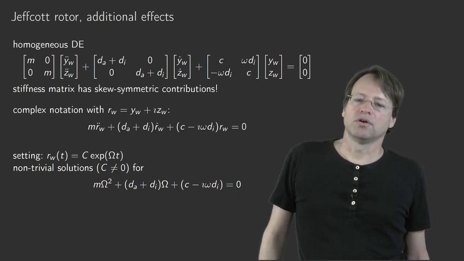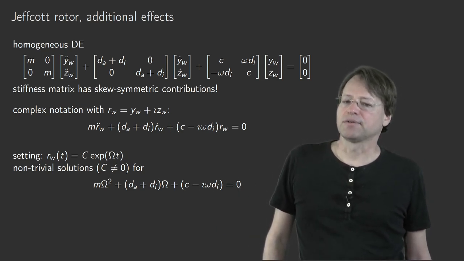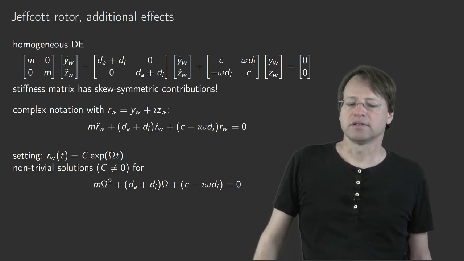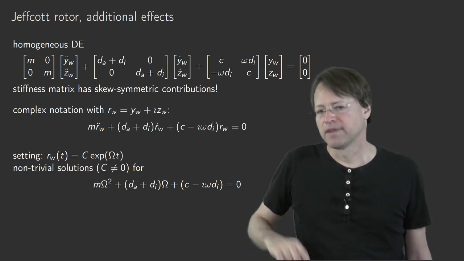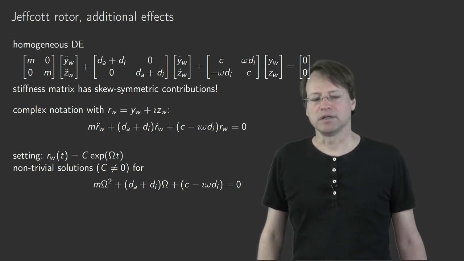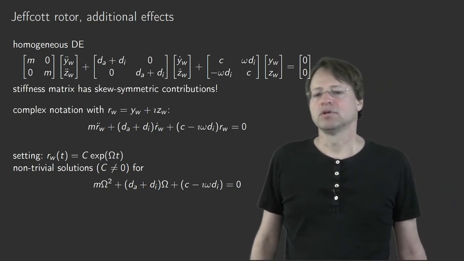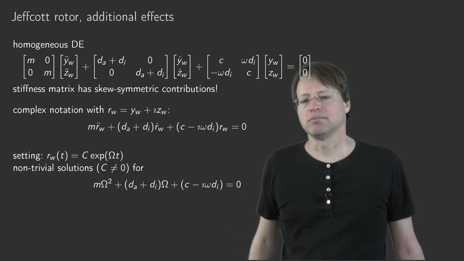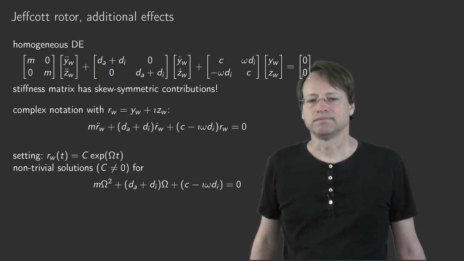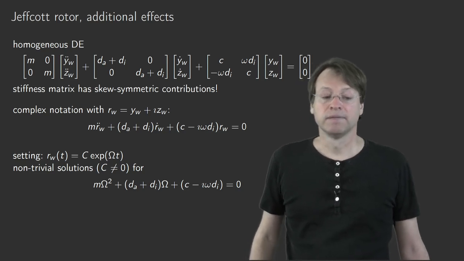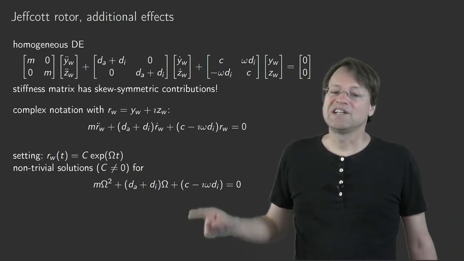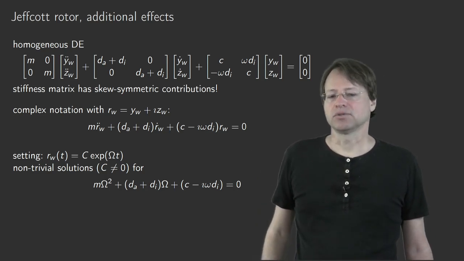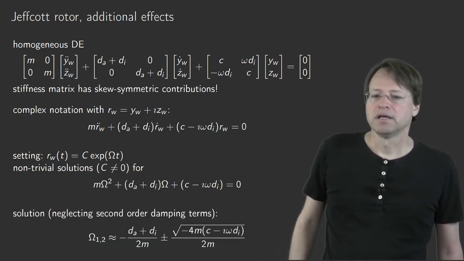The solution of that quadratic equation is not difficult to obtain. However, I would like to simplify the solution a little bit in order to carry out the analytical treatment and to really specify that range of values for which capital omega has a positive real part. So I will neglect quadratic terms in the damping, so second order terms in the damping.